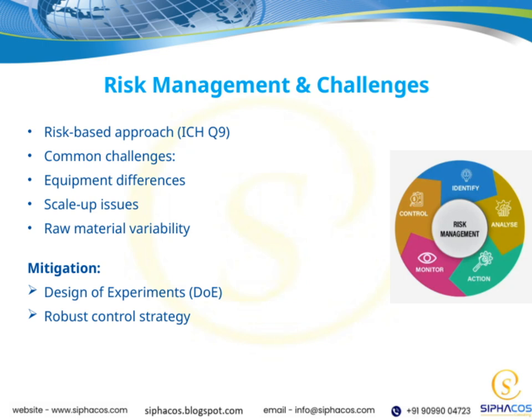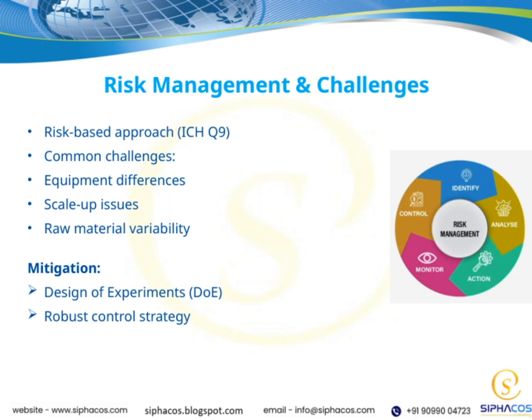For example, equipment differences can impact how processes perform from one batch to another. Scale-up issues are also a concern, as what works in small-scale labs doesn't always translate smoothly to full production. And raw material variability can introduce unpredictability, making it harder to maintain consistent quality.